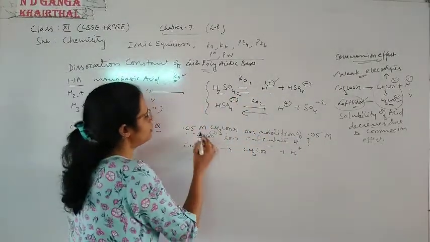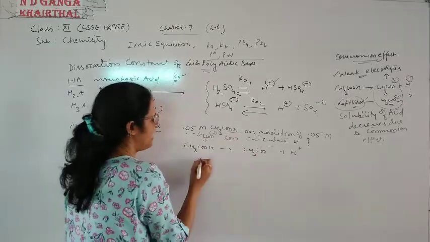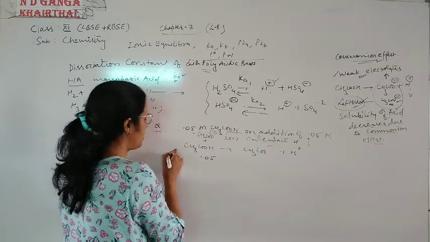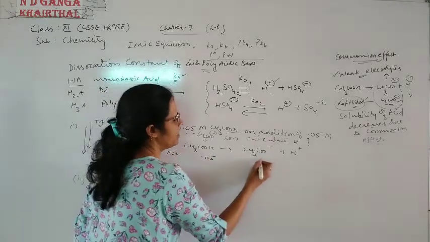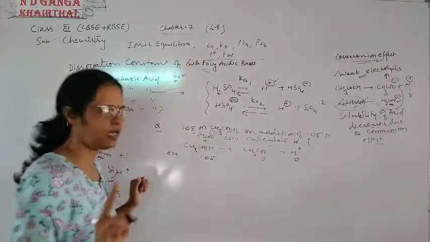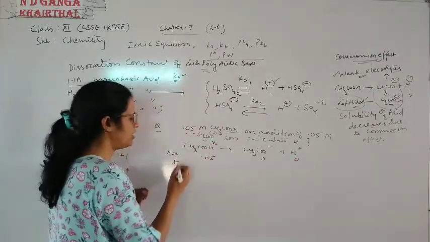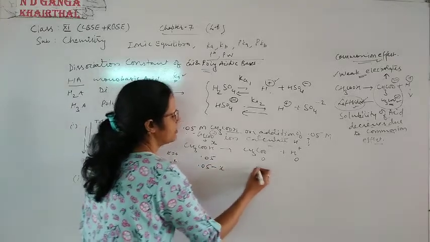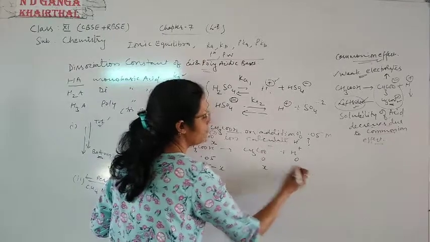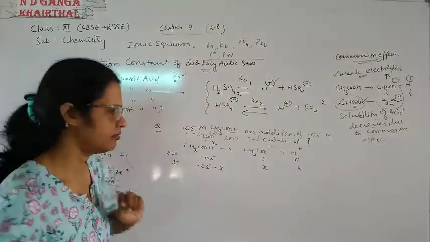First of all, you have 0.05 M acetic acid. At time t equal to 0, initially it is 0.05 M, and the ions are 0, okay? If X part is dissociated, then at time t it will be 0.05 minus X, plus X and plus X. Means if it dissociates it will form these, clear?